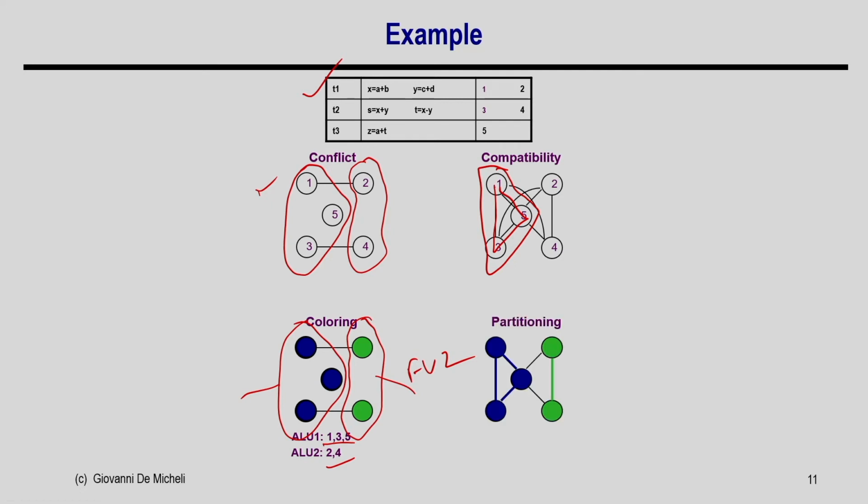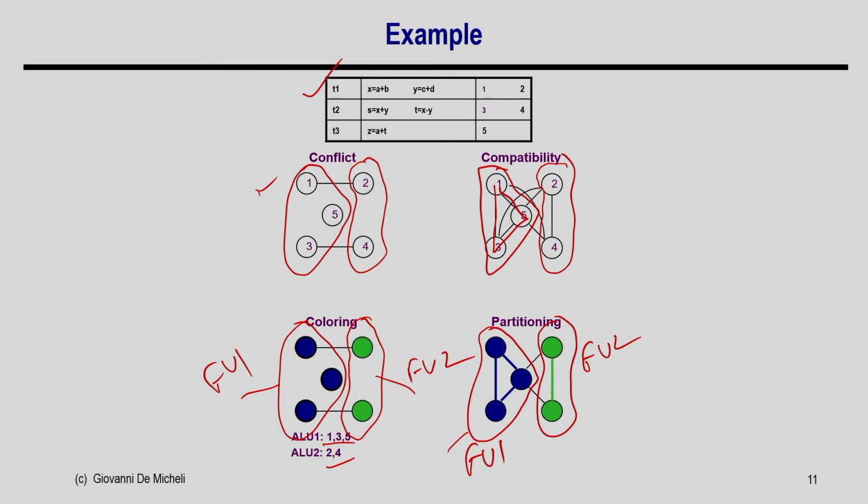So, I can put this whole clique into FU 1, right. And similarly, this is another clique of 2 nodes, and I can assign them to a different FU, right. So, this is my FU 2. So, both give the same solution. So, either you take the compatibility graph and you identify the cliques, or you take the complete graph and you try to color them and you have the same solution.